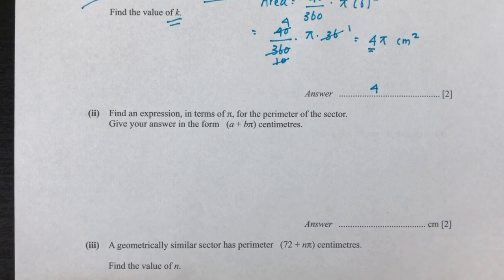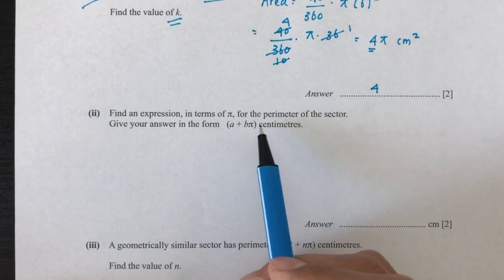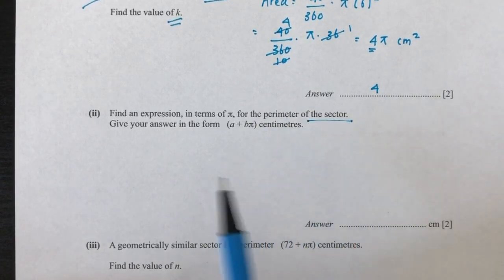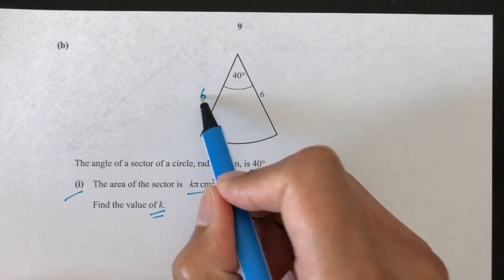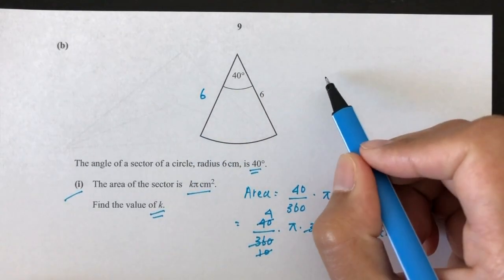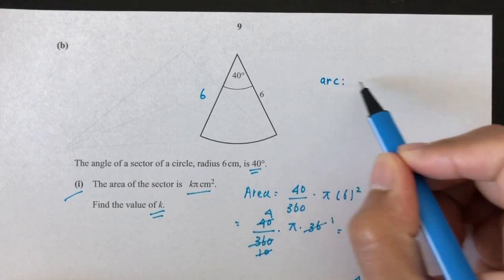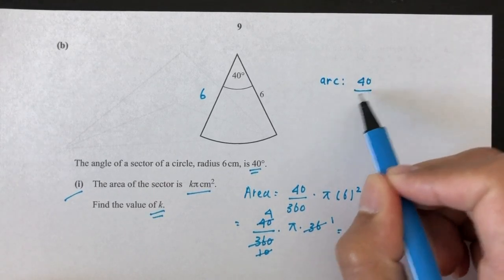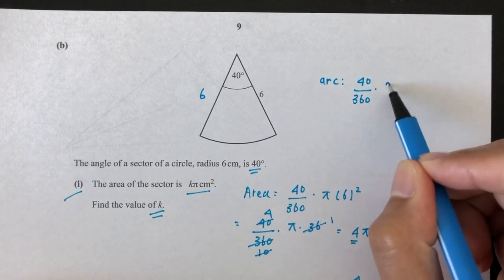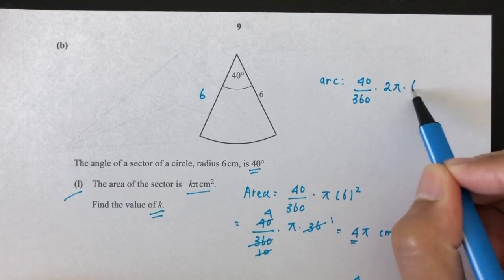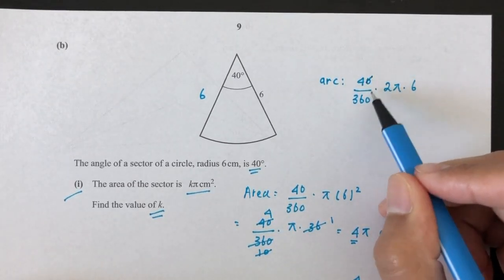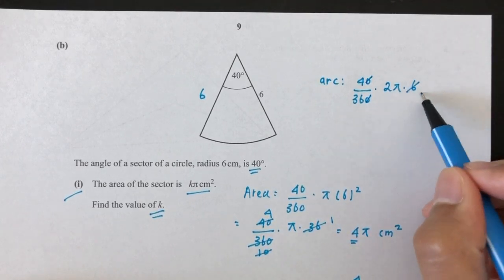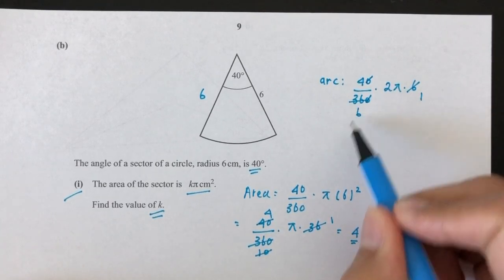Now for part 2, find an expression in terms of pi for the perimeter of the sector. Let's find the perimeter. We know this is 6, this is 6. What is this length? How do you find the length of the arc? We have to use the angle, 40 over 360 times 2 pi r, which is the radius. Divide by 0, the 10 goes away. Divide by 6, that will be 6.